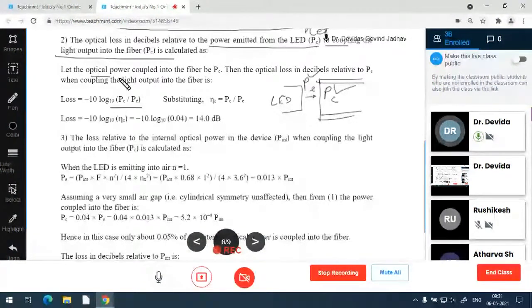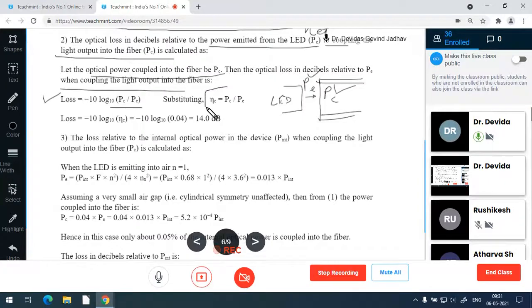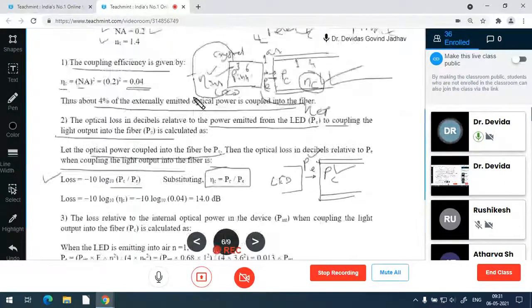Let the optical power coupled into the fiber be PC. Then the optical loss in decibels relative to P is written as loss equals minus 10 log to the base 10 of PC upon P. Now we know PC upon P is eta C, and eta C we have calculated as 0.04.